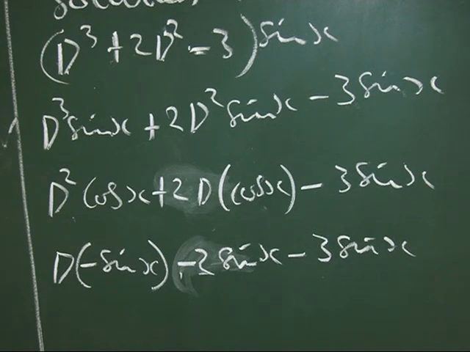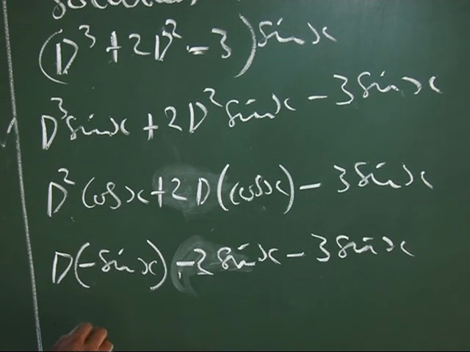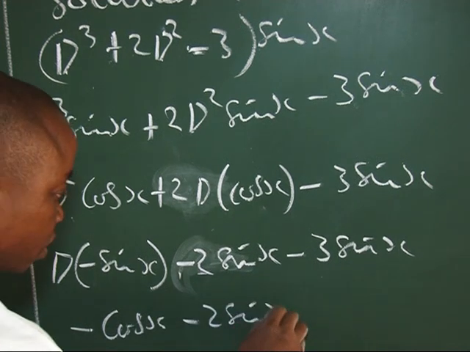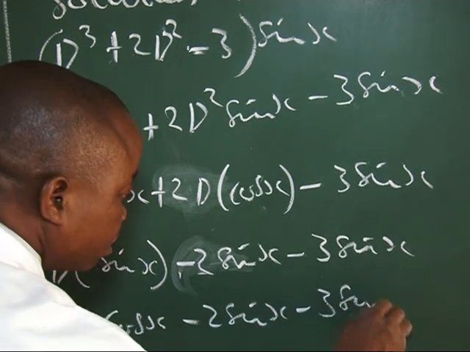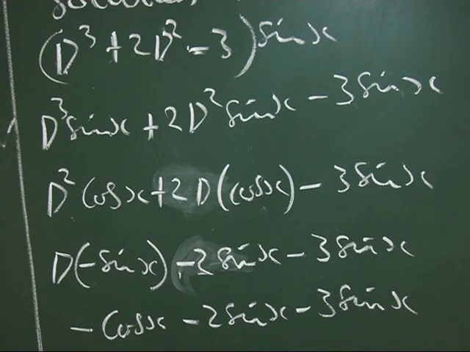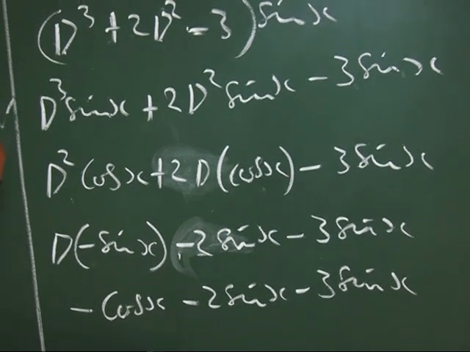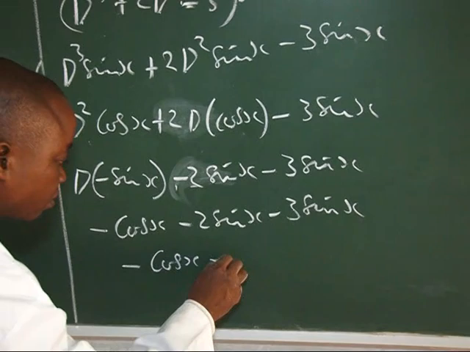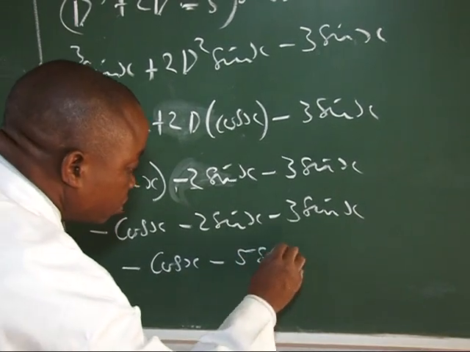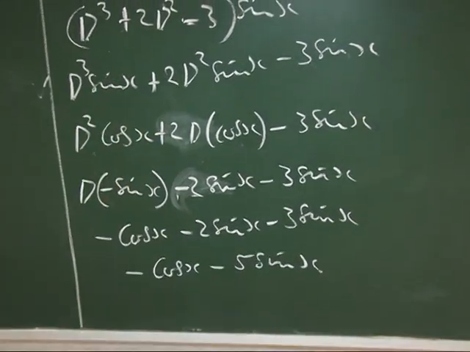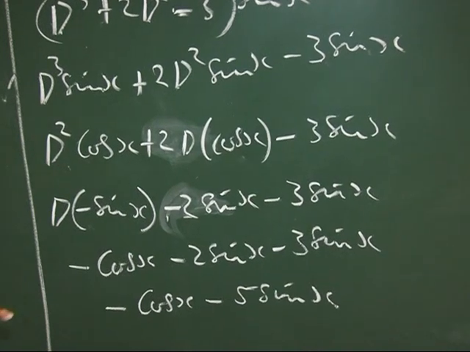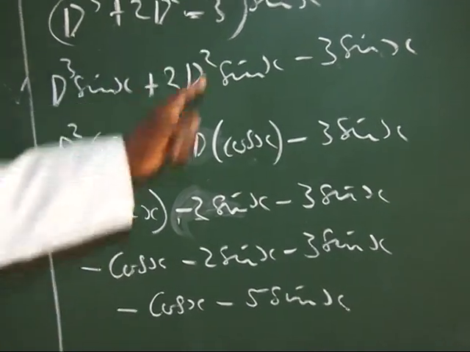Then we'll go with this again. If we differentiate this, we'll have minus cos x minus 2 sine x minus 3 sine x. So everything here becomes minus cos x minus 5 sine x. That is the solution to this one.